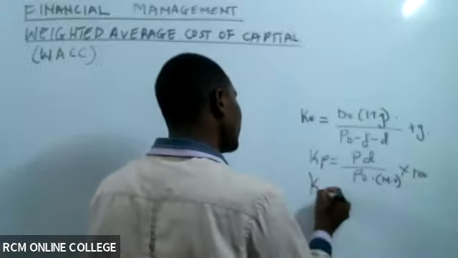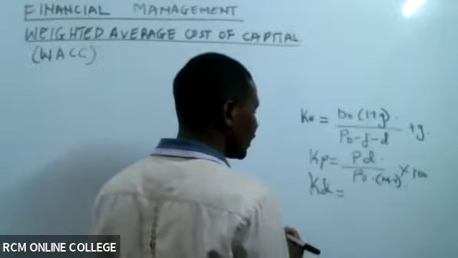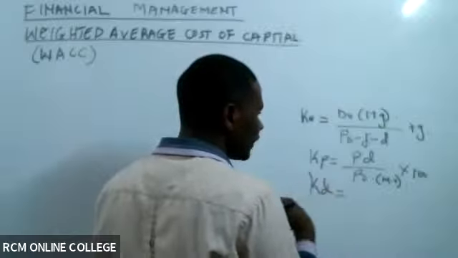Then KD, we said class, we have two types of debt. That is irredeemable and redeemable.